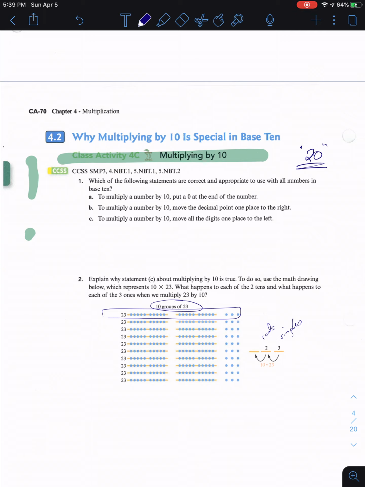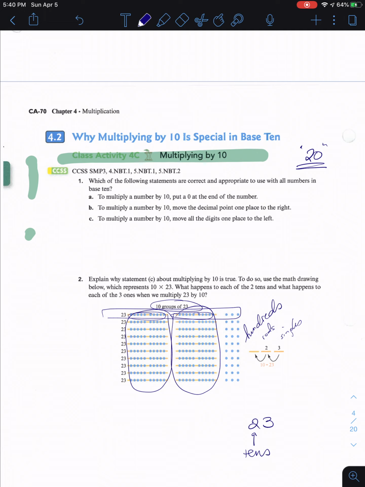Now, once we multiply by 10, we take 10 groups of these rods and 10 groups of that rod. So now instead of having 2 tens, 2 rods, we actually have 2 hundreds. What used to be 2 tens, once you've taken 10 groups of them, become the next place value, the hundreds. So these digits, the 2 and 3, before multiplication by 10 represented tens.